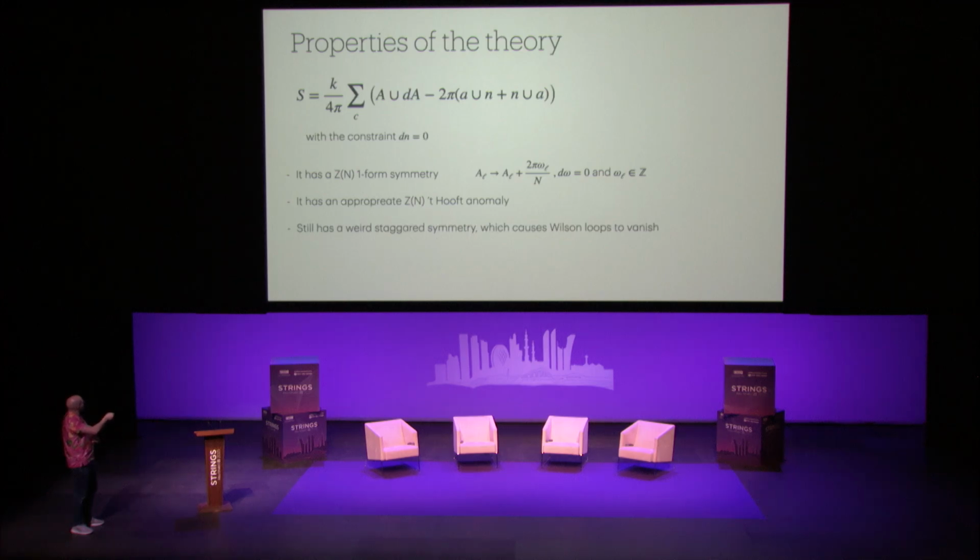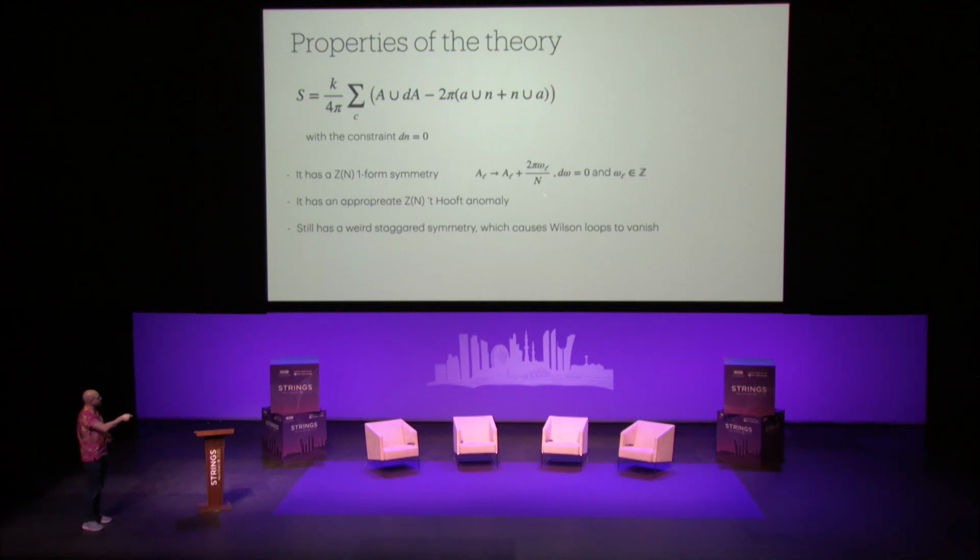It has also an appropriate 't Hooft anomaly. I won't have time to show it, but one can try to put background fields for this one-form symmetry and show that you cannot put background fields such that they're gauge invariant. And you reproduce the anomaly of the continuum.